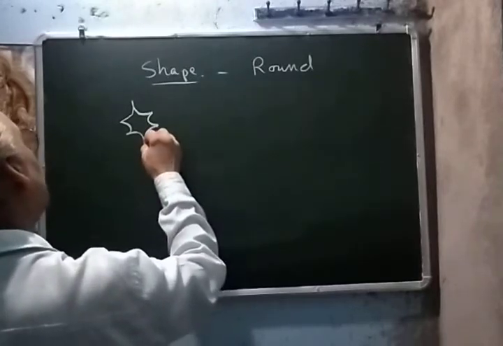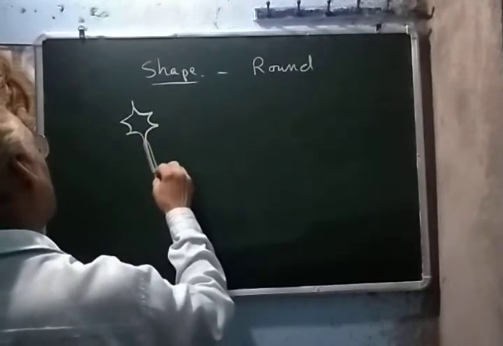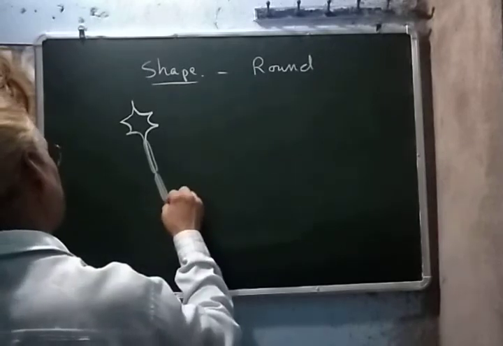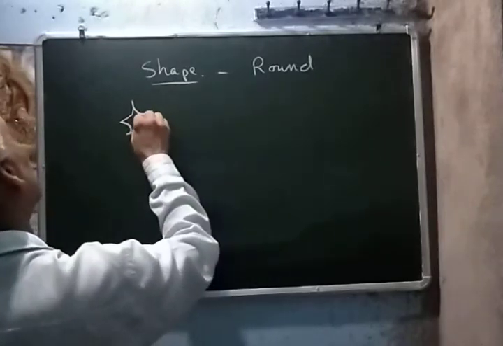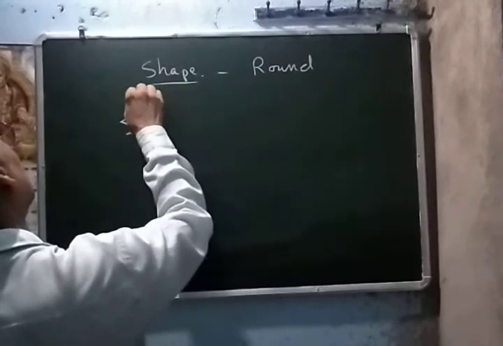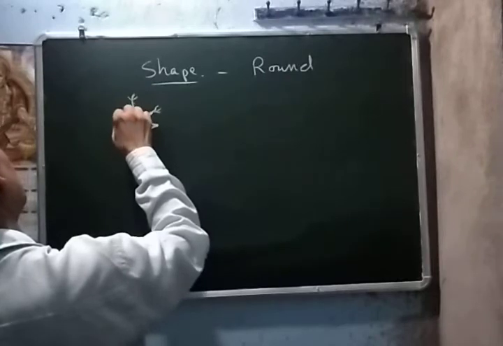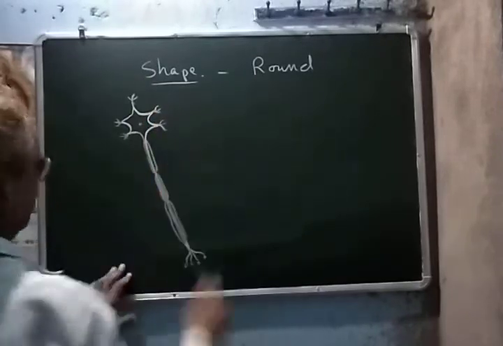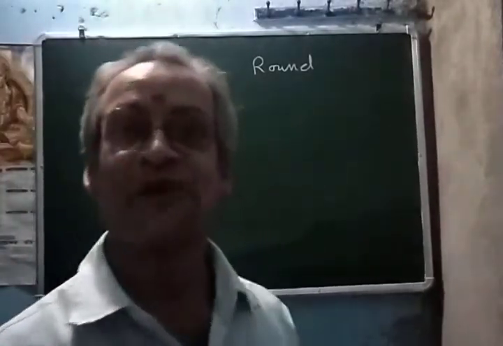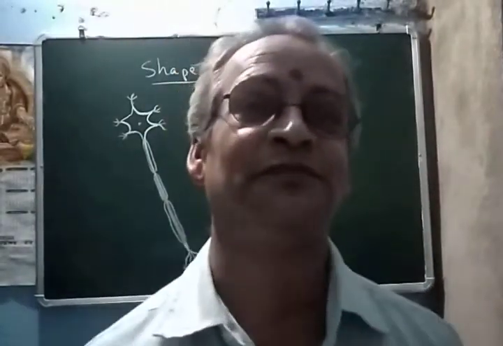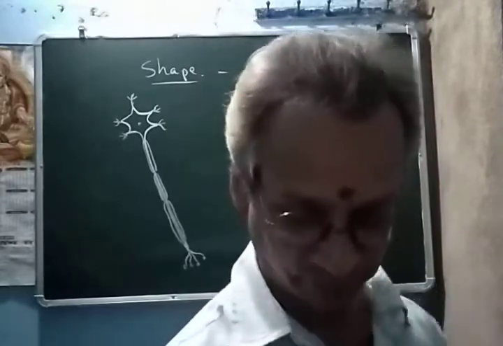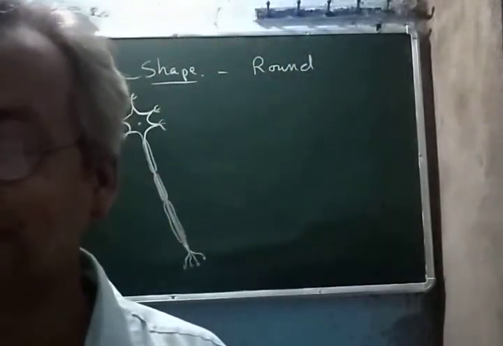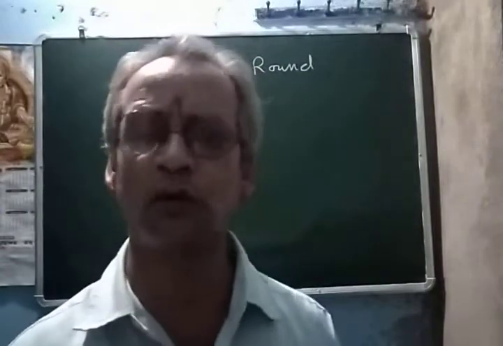This is also called a neuron cell. But all cells are filled with protoplasm, which was discovered by Purkinje.